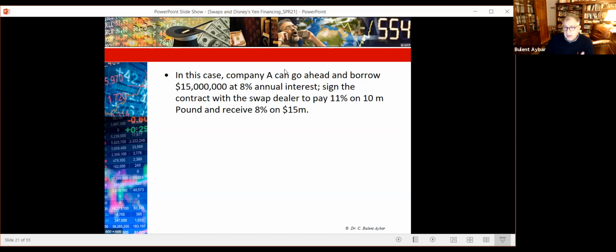But company A will get into the swap deal where the swap dealer will receive 11% on 10 million principal from company A, but in exchange is going to pay 8% interest on 15 million principal to the company. So company A can cover its $15 million loan, or 8% interest on this loan, from the payments that it receives from the swap dealer, and incurs a net cost of 11% on the pound.